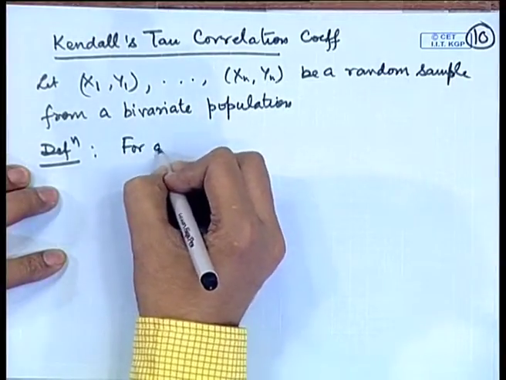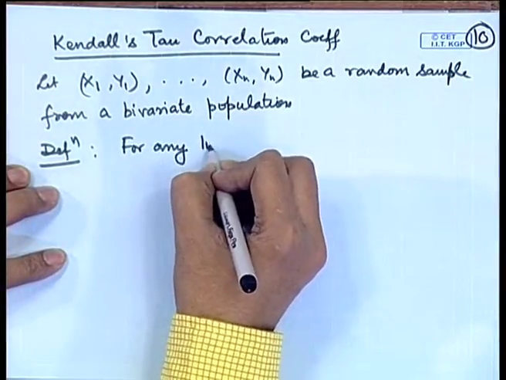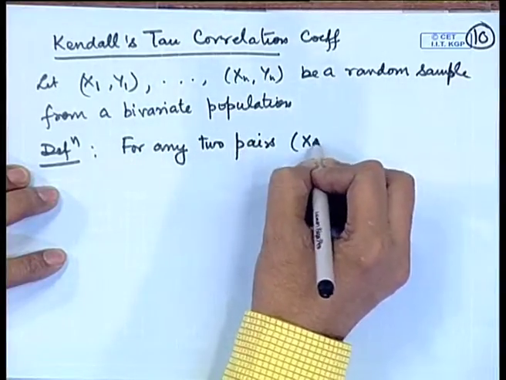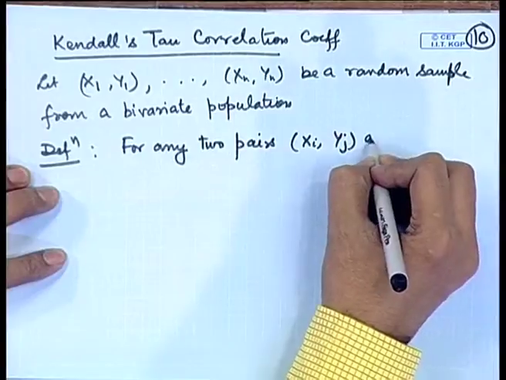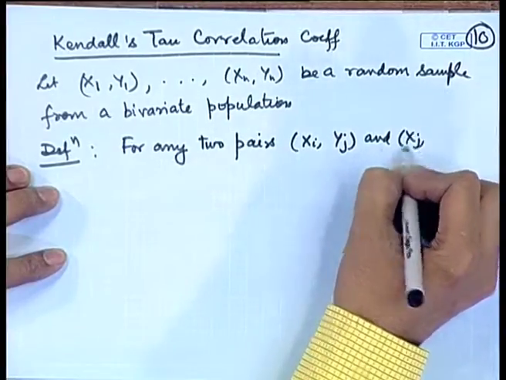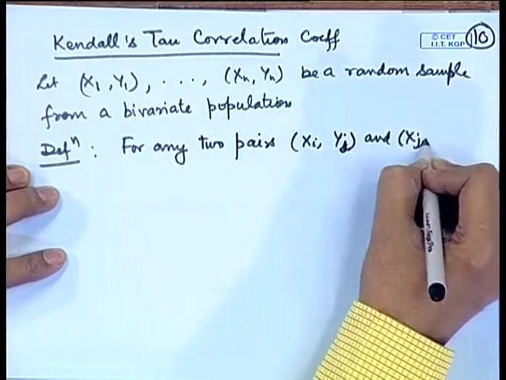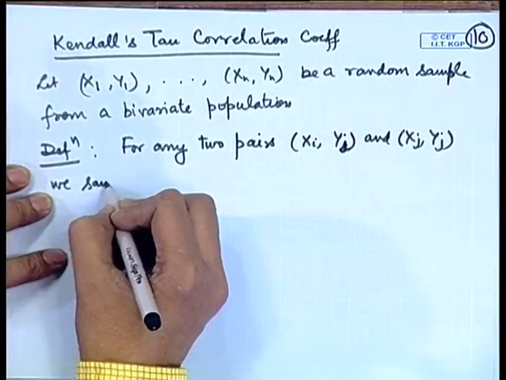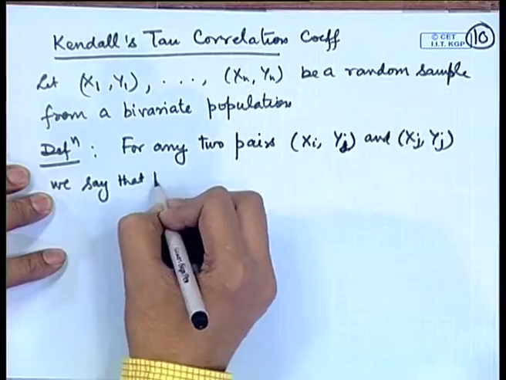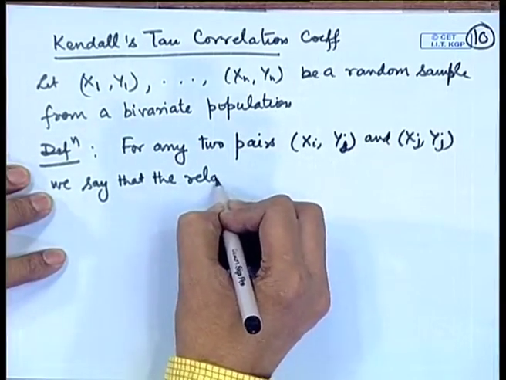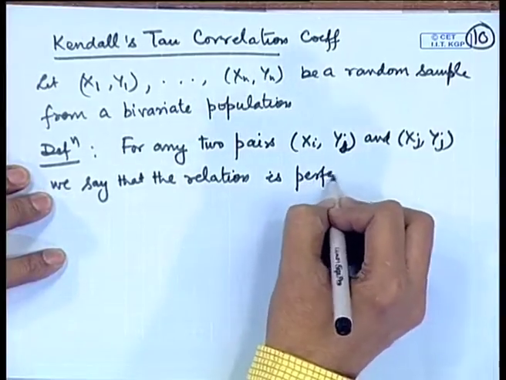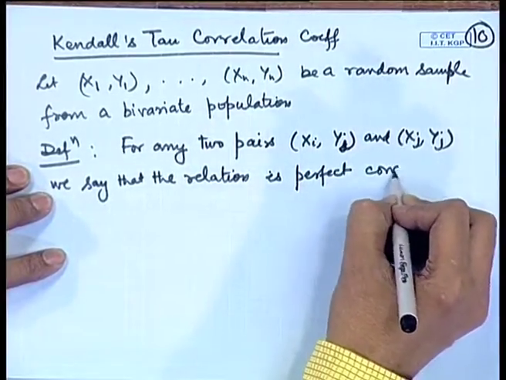For any two pairs (xi, yi) and (xj, yj), we say that the relation is perfect concordance.